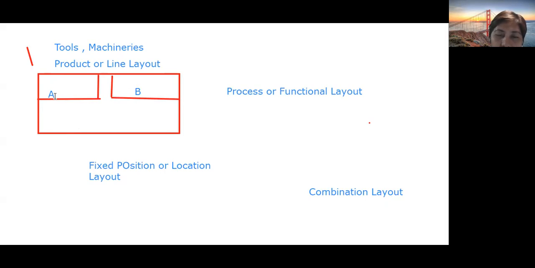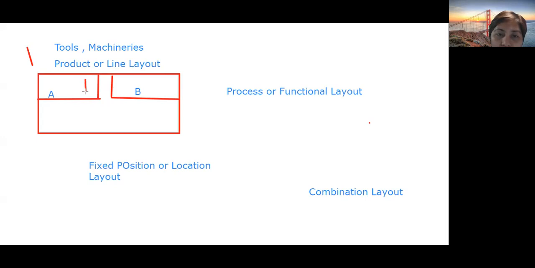Area A is for manufacturing tools, and area B is for manufacturing different machineries.